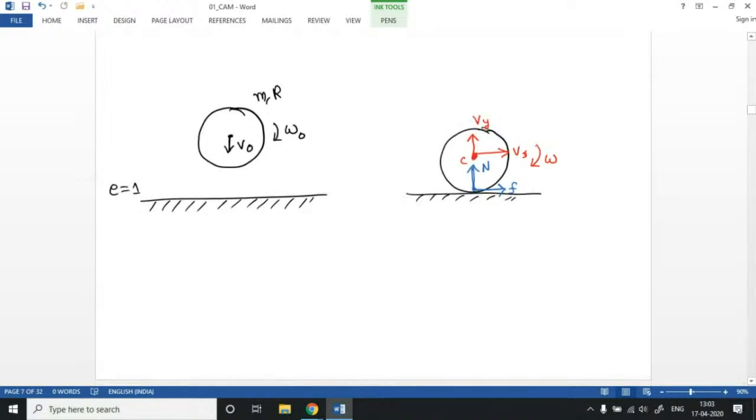First of all, we must understand that vy is going to be equal to v naught, because the coefficient of restitution is equal to 1.